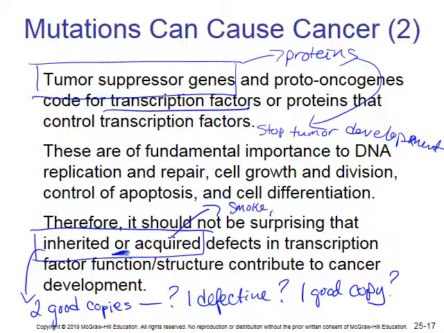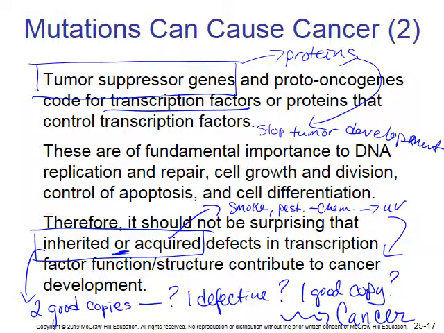You smoke, right? You work with pesticides, in a chemical plant, you're out in the sun a lot. So you can see that there can be a compounded effect. It's not only inherited but also acquired that could lead those mutations to cause cancer in an individual.